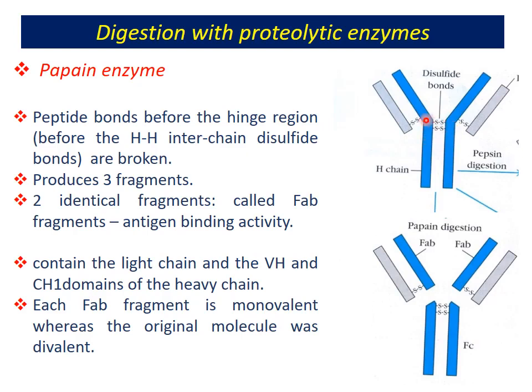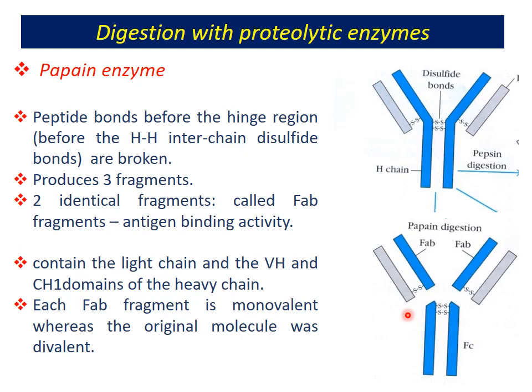Okay, so if the break occurs before it, how many fragments will be produced? It produces 1, 2, 3 fragments. So 2 FAB fragments, that means fraction for antigen binding, and another FC region, or FC for fraction crystallizable. It has been seen that this lower portion can be crystallized.